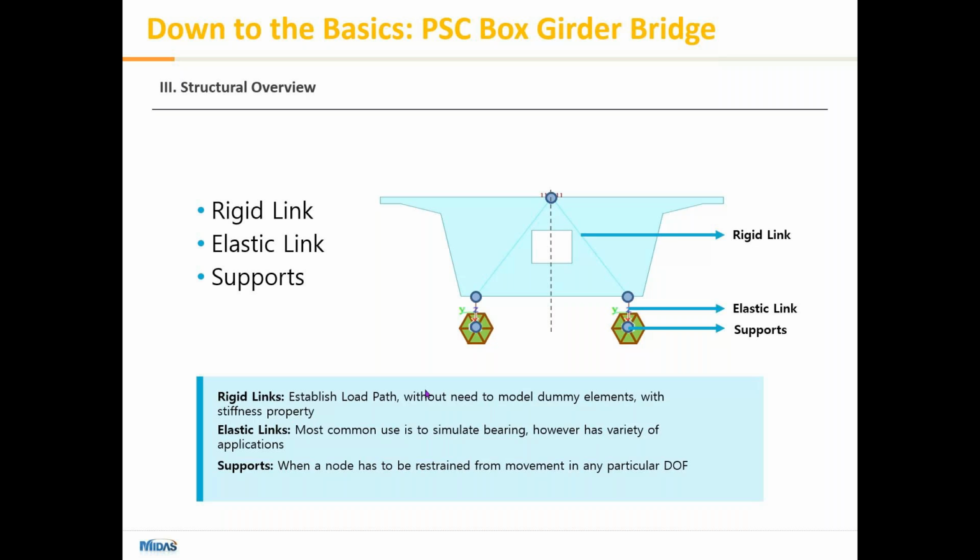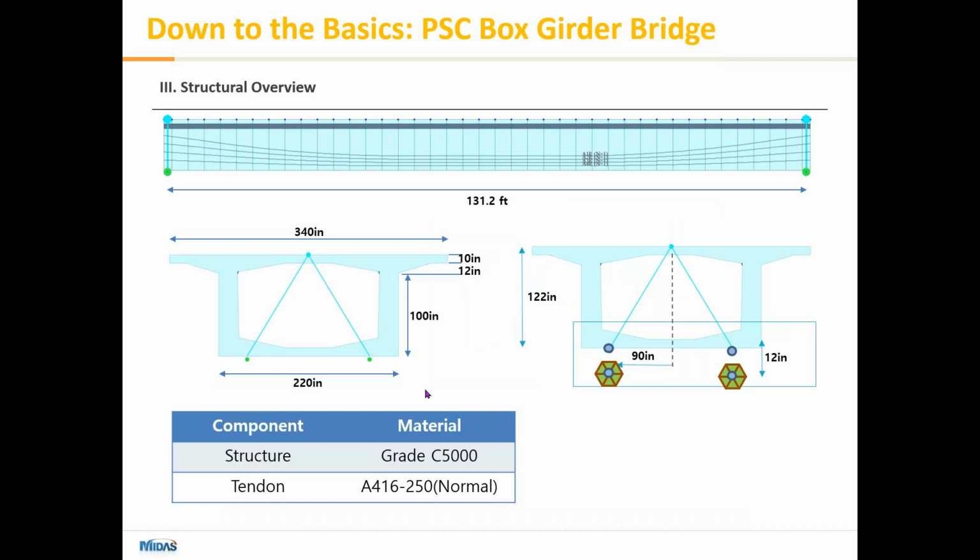Now, when it comes to today's model, as you could see here, this will be my model that I'll be considering. We will be modeling a 131.2 feet long box girder bridge, which will be simply supported in nature, that is hinge at one end and roller at the other.